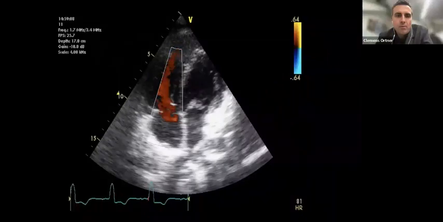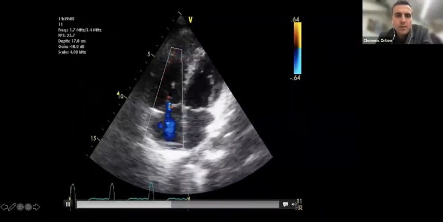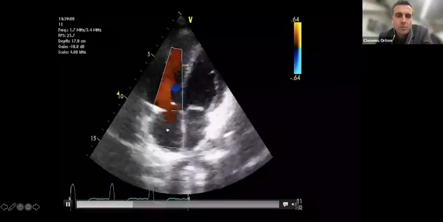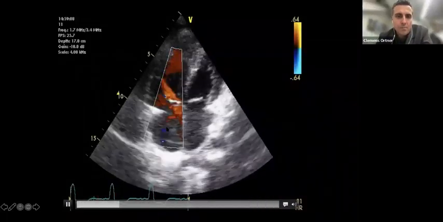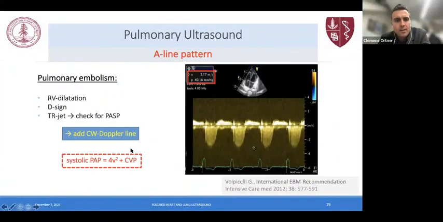So when you put a color flow on the tricuspid valve, you see the blood flow in systole going from the right ventricle into the right atrium. And when you now put a continuous wave Doppler line through it, you will get a pressure gradient.